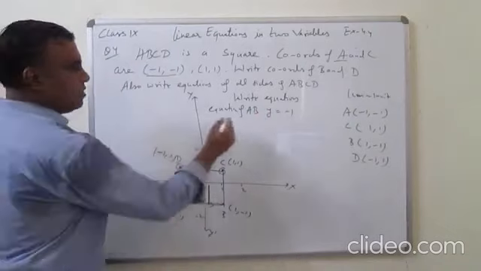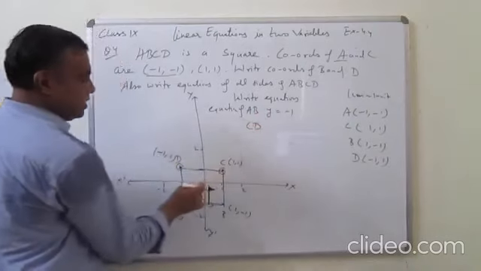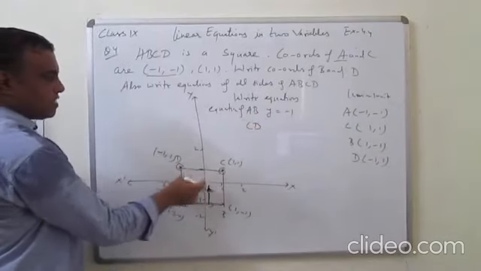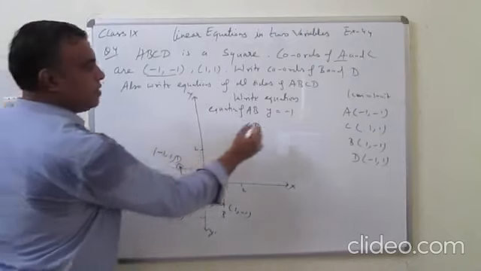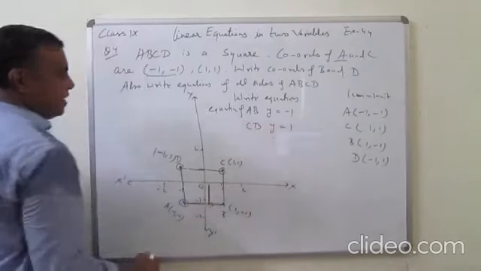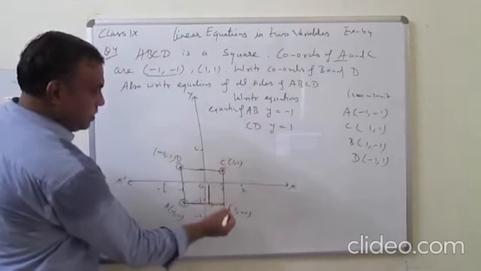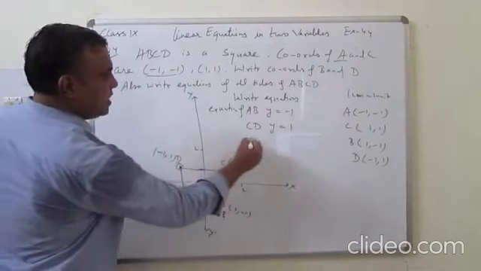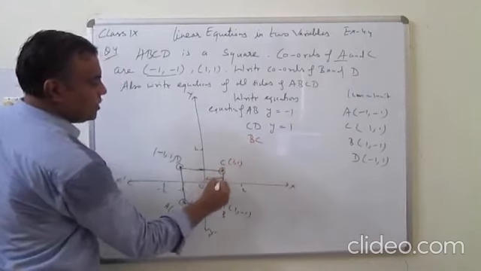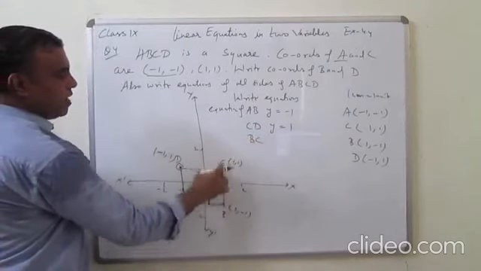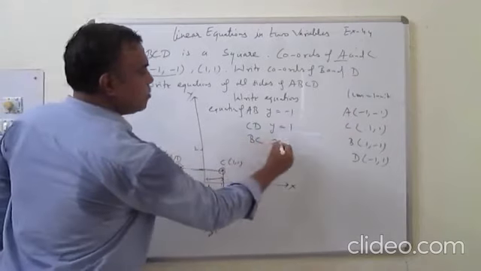And what is the equation of CD? CD is also parallel to x axis, but in the upward direction it is positive. So y is equal to 1. What is the equation of BC? BC is parallel to y axis, so it is x is equal to 1.